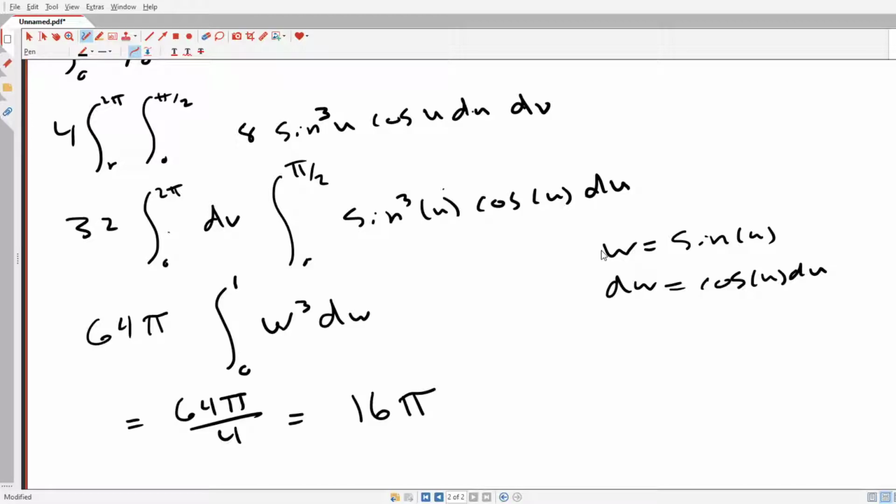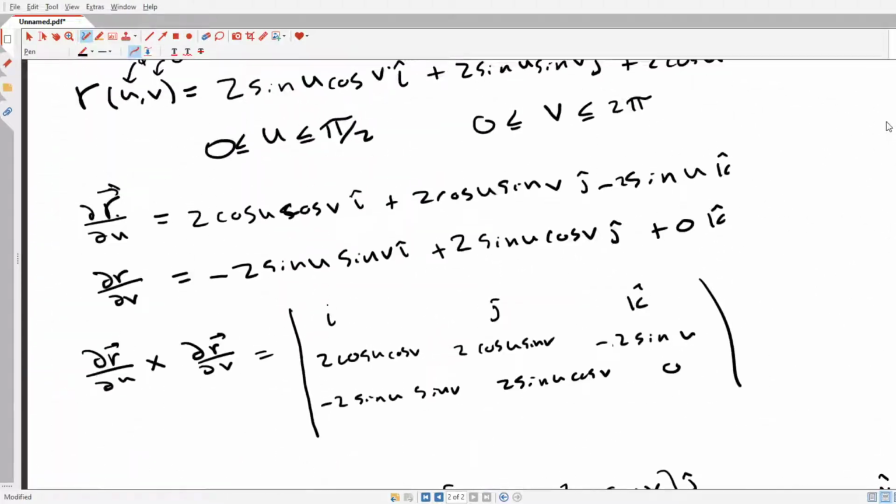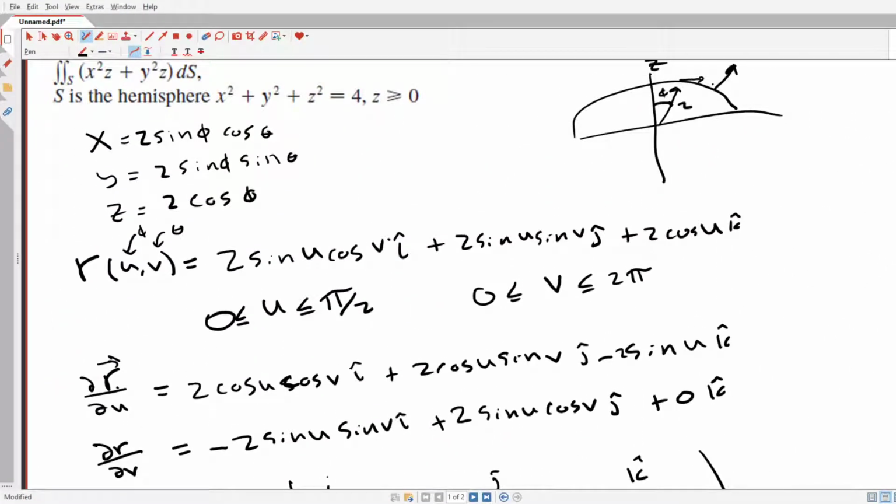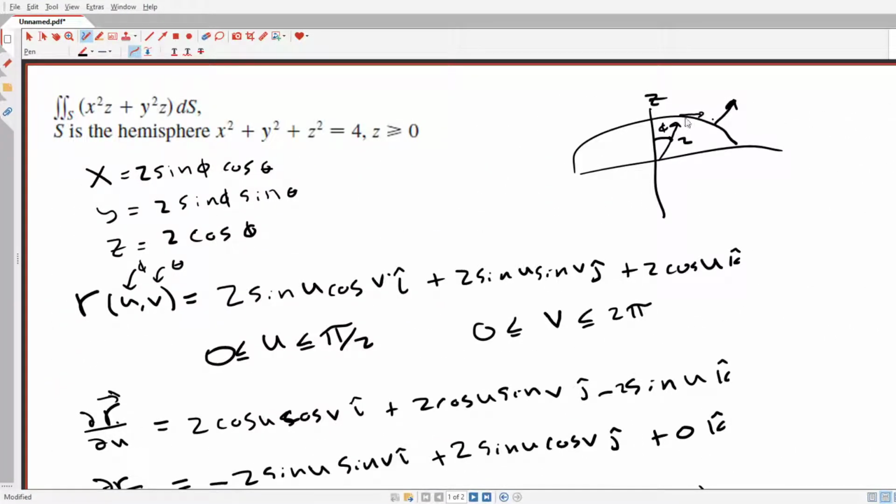Okay, any other questions? So how would the bounds look if it's for a sphere instead of a hemisphere? Yeah, so if it was for a full sphere, I could take phi and go from 0 right here, right along the vertical, all the way to here.